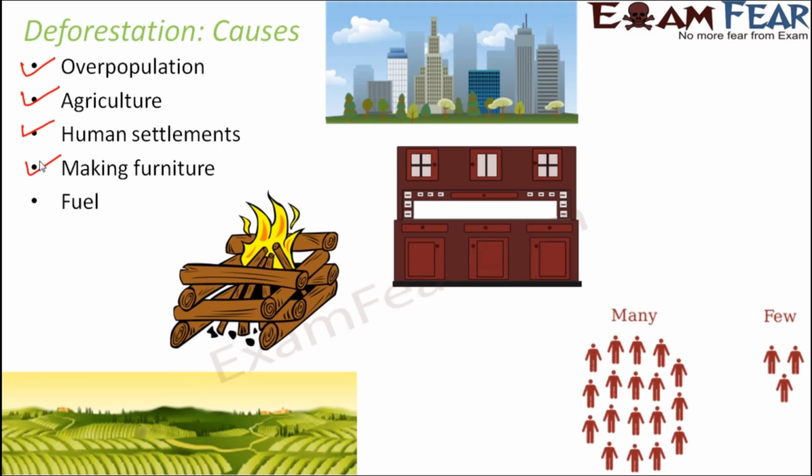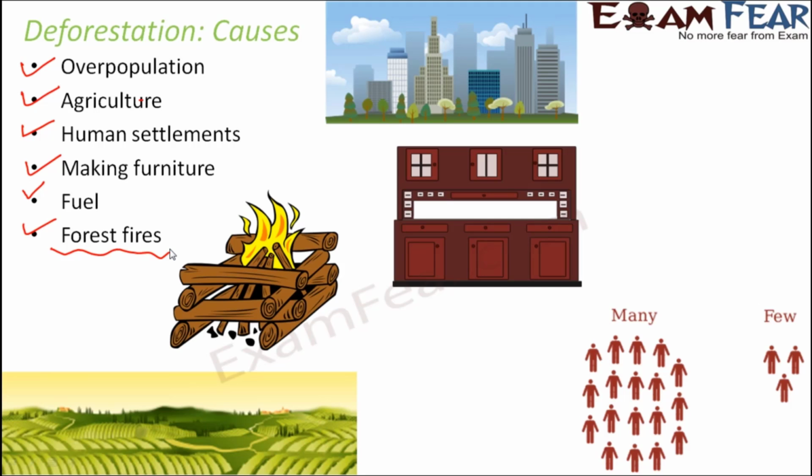Fuel. Wood also acts as an excellent fuel, and fuel is required for cooking purposes by human beings. So in that way also they are dependent on forests. Forest fires. A forest fire could be another cause. Sometimes what happens, and what the data says, is that thousands of trees are lost every year due to forest fires.